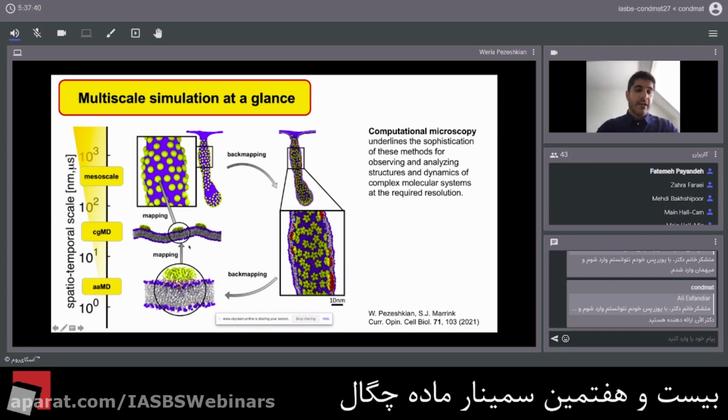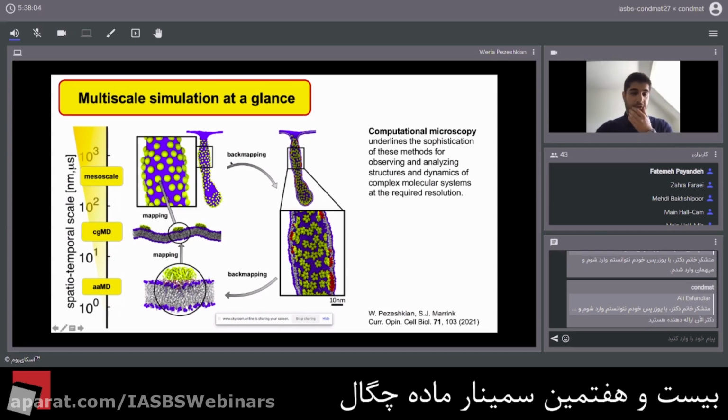And then I take the collective data obtained from these two simulations and load it into a dynamically triangulated surface simulation, which is a mesoscale simulation, to investigate the collective effect of these proteins, or any external forces, on the membranes.